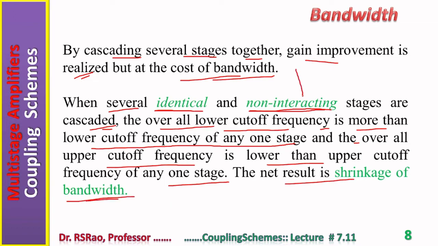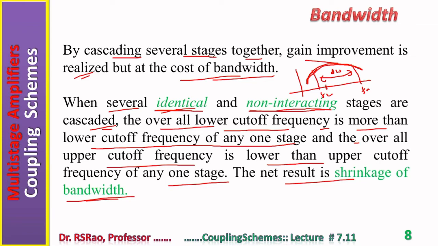What does it mean? Let us suppose this is the frequency response of a single stage. This is the lower cutoff frequency. This is the upper cutoff frequency. This is the bandwidth. This is for a single stage. Several identical single stages are used in the design of a multi-stage amplifier. Then that multi-stage amplifier gives a frequency response with FL more than FL of a single stage.